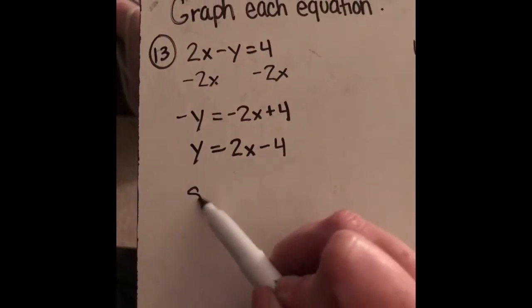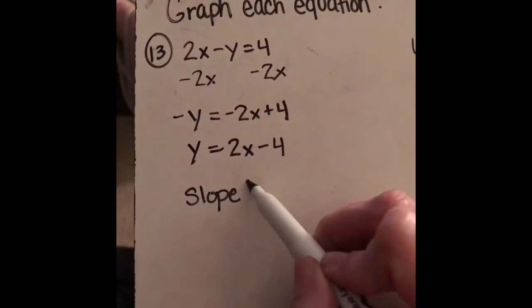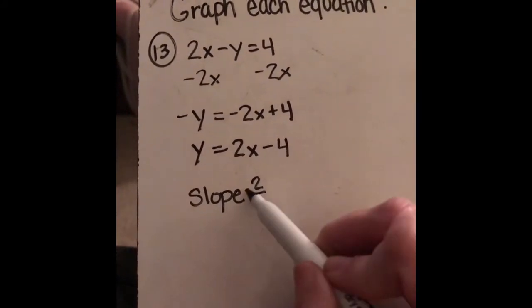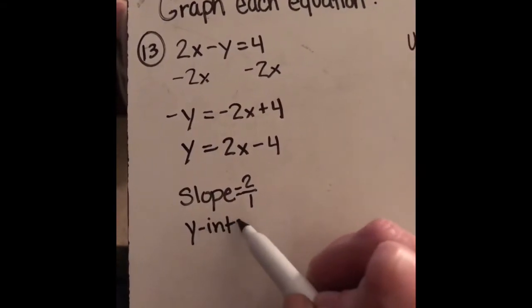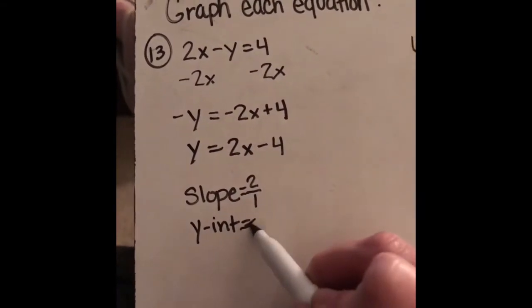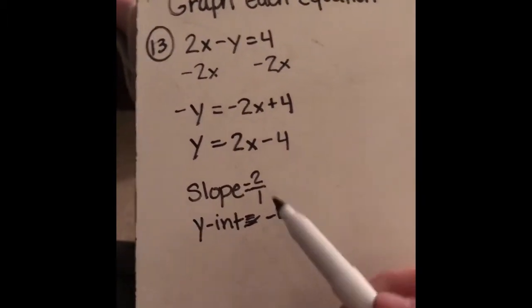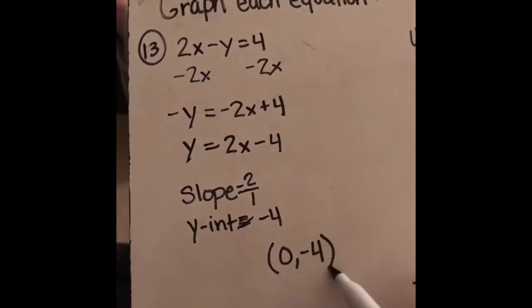So now your slope is 2 over 1, okay? And then your y-intercept is negative 4, okay? So remember your y-intercept, it's now (0, -4).